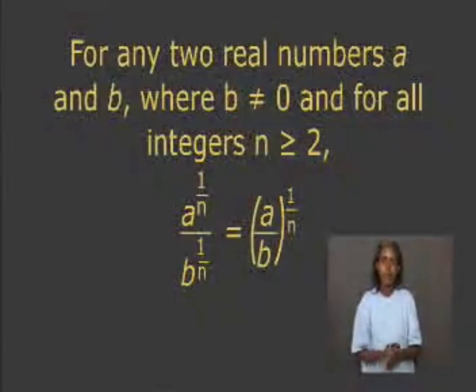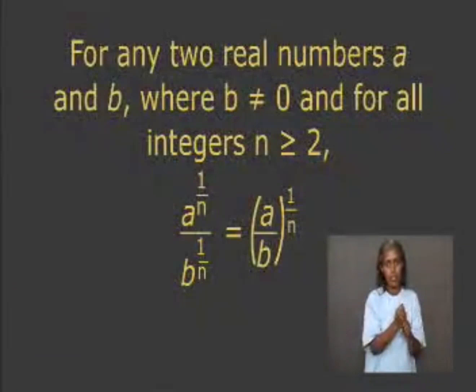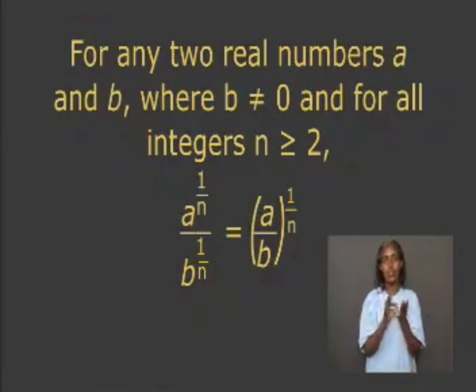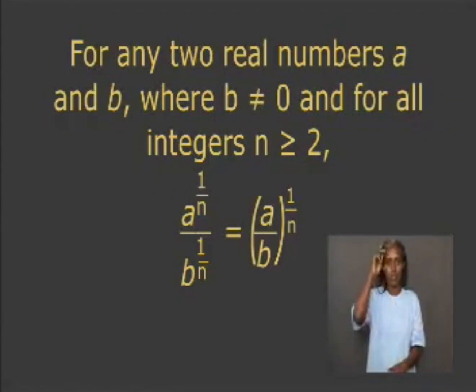This theorem states that for any two real numbers, a and b, where b is not equal to 0, and the integer n is greater than or equal to 2, then a to the power of 1 over n over b to the power of 1 over n equals a over b to the power of 1 over n.